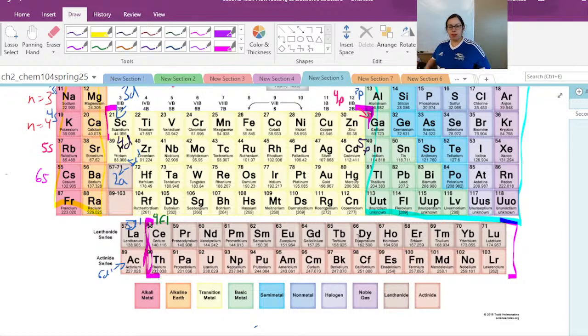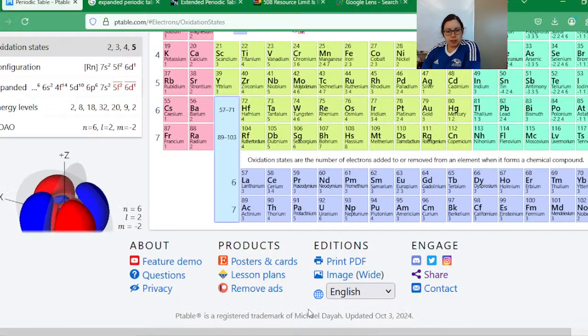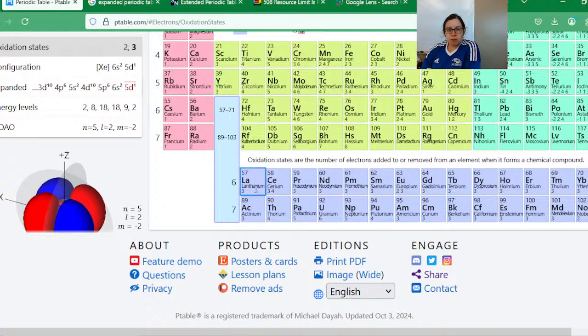And then we'll fill up again, like normal, like we expect. But again, there could be some exceptions. So cerium fills how we expect.